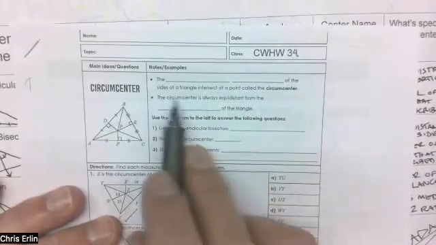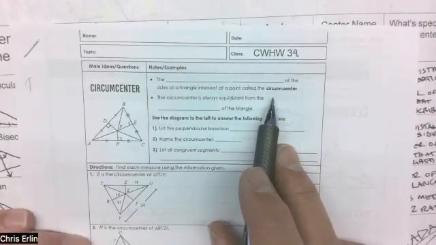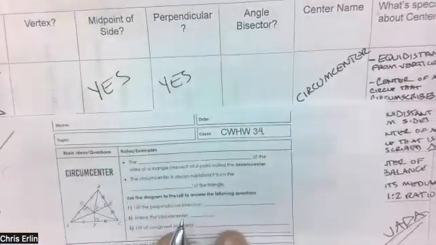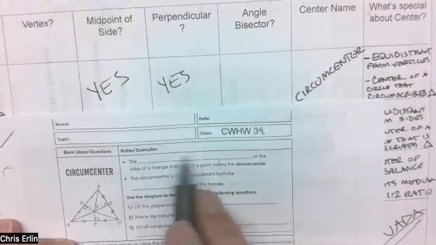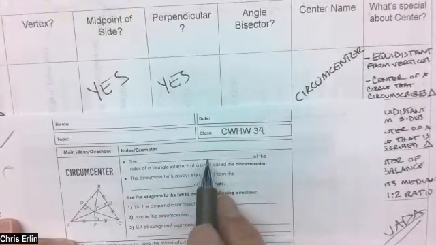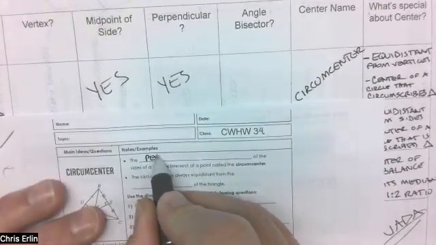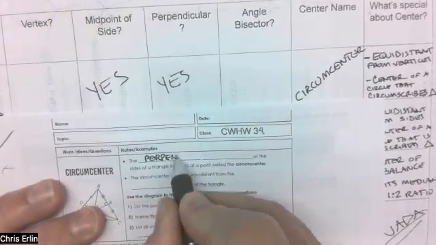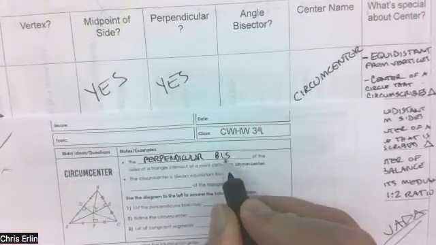The blank blank of the sides of a triangle intersect at a point called the circumcenter. What things make the circumcenter? No, perpendicular bisectors. Perpendicular bisectors.